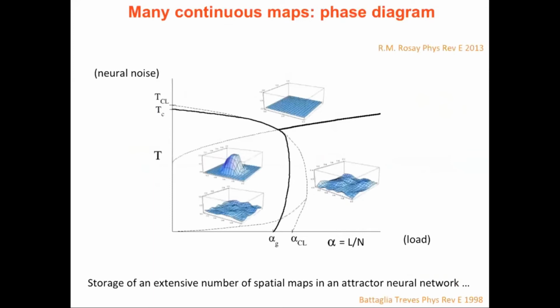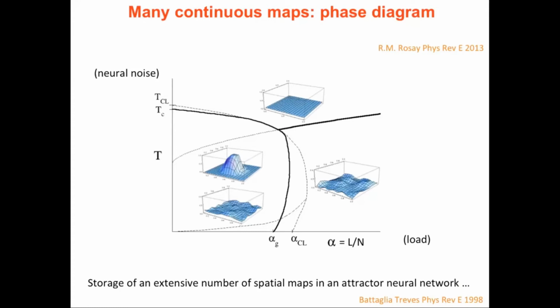So as I said yesterday, there is a phase diagram which tells me that if the number of attractors I want to memorize in the network is not too large, and the neural noise is not too large, then I can have nice bump attractors here, even if there are some issues about the spatial resolution I mentioned yesterday. But these issues are not too problematic if the number of attractors is small, and here we are considering 2 attractors only.